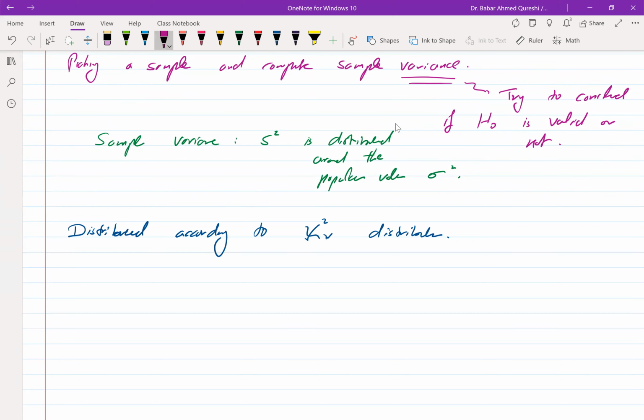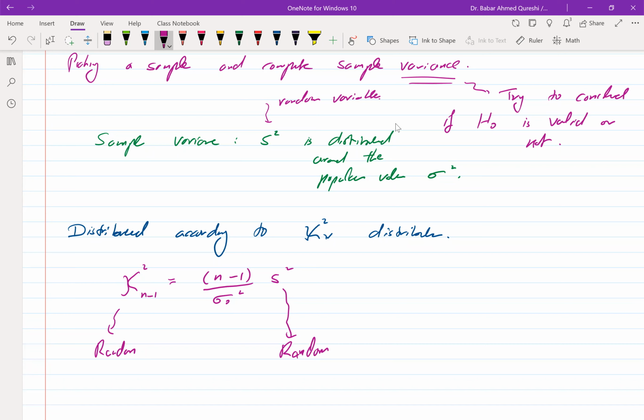And what's the exact relation? The chi-square distribution is related to this random variable. This is a random variable, so this is also random.